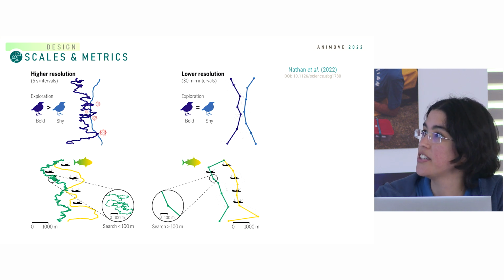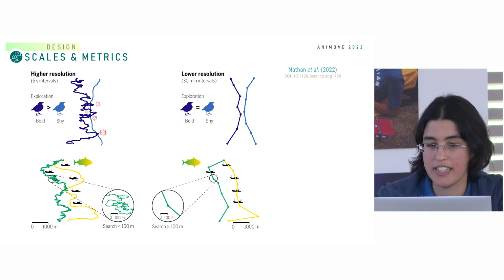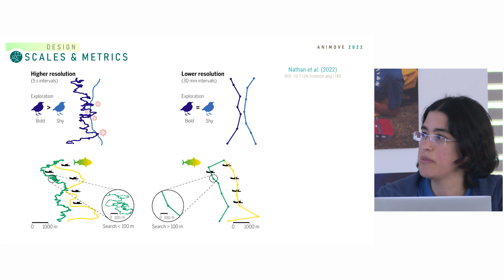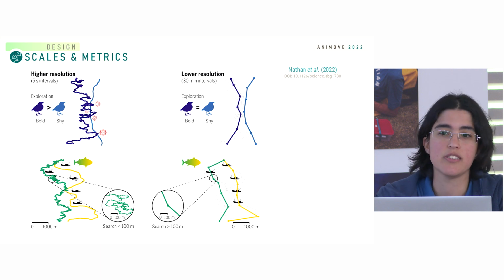You also have to consider that not just the total duration, but the resolution of our data is important, and you could miss the behaviors that you're trying to detect if your resolution is not right for that.